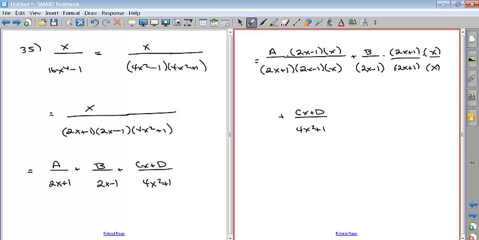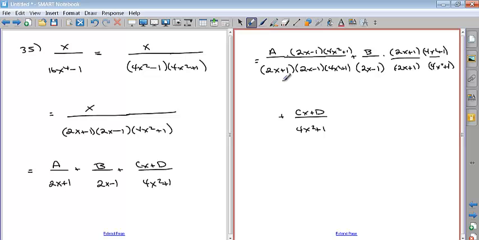I just realized I messed up. So we've actually got to multiply by, not by x. I'm thinking of something else. We've got to multiply by 4x squared plus 1 divided by 4x squared plus 1 and do the same thing over here. 4x squared plus 1 divided by 4x squared plus 1.